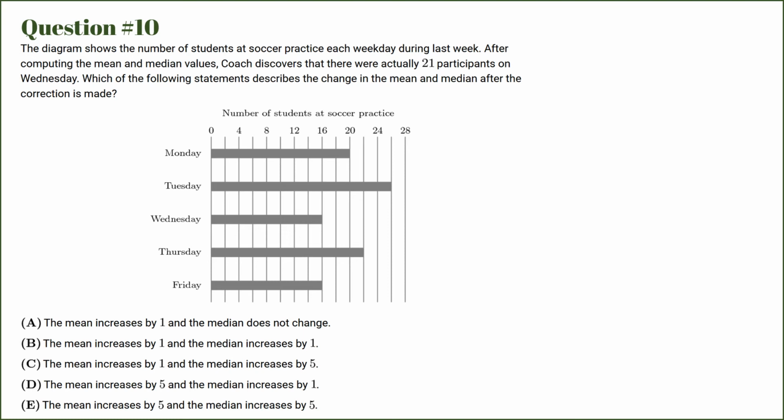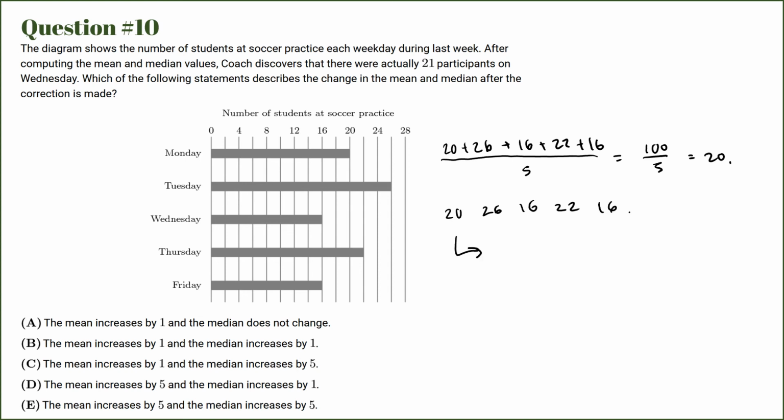So the mean would be 20 plus 26 plus 16 plus 22 plus 16 over 5. That equals 100 over 5, or 20. The median: rearranging 20, 26, 16, 22, 16 into least to greatest form would be 16, 16, 20, 22, and 26.